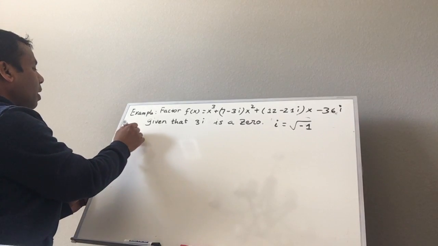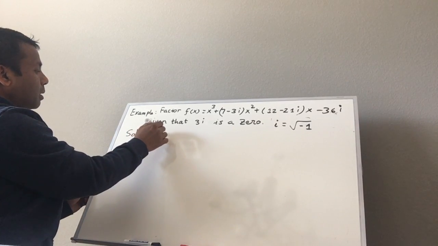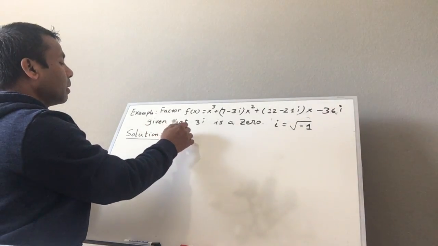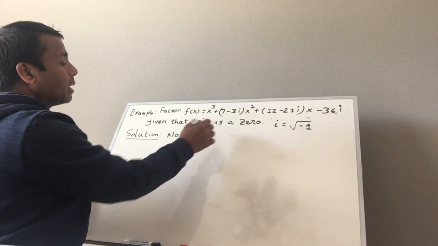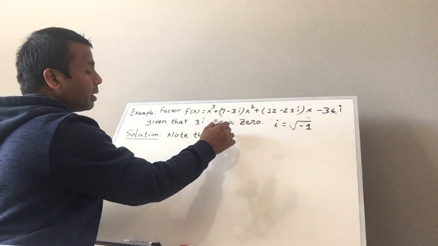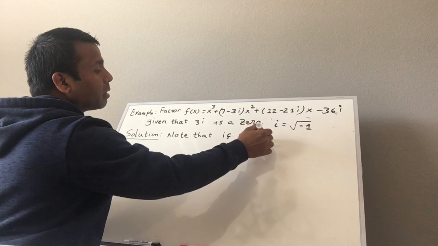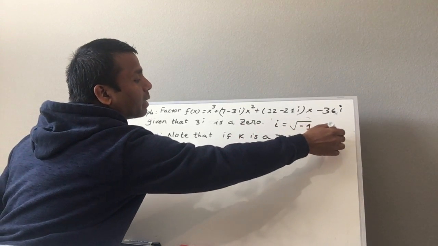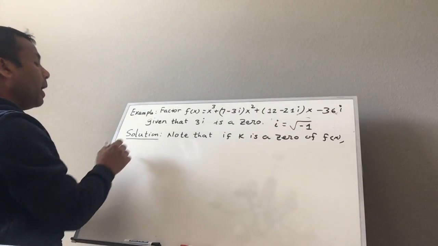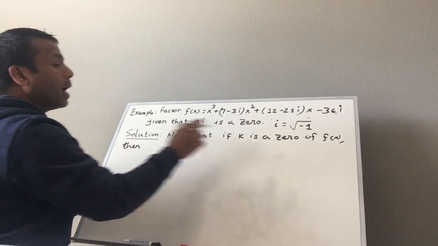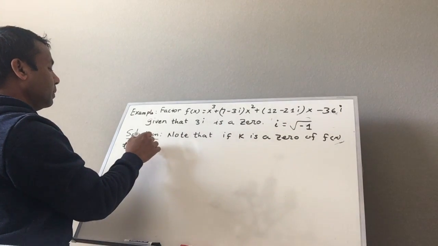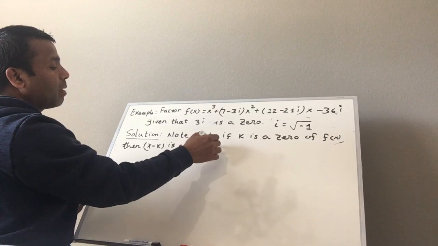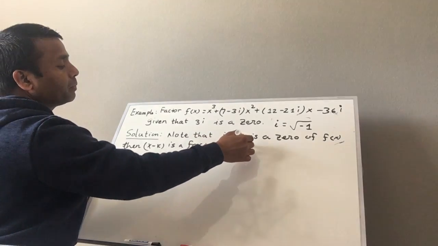So let's solve this problem, okay? You guys note back, if k is a zero of f(x), then x minus k is a factor of polynomial f(x).